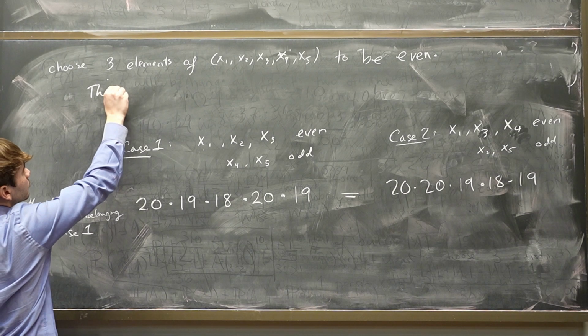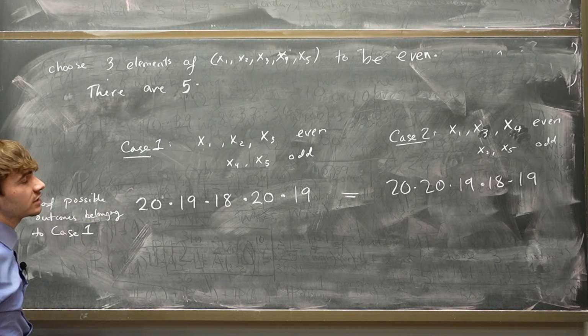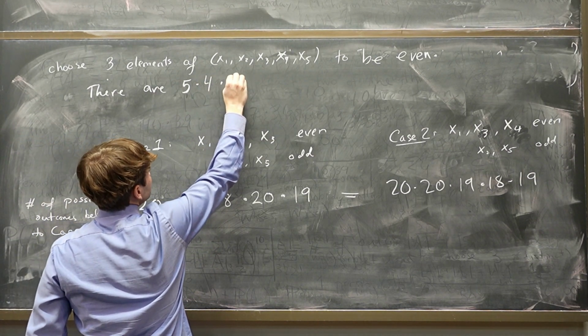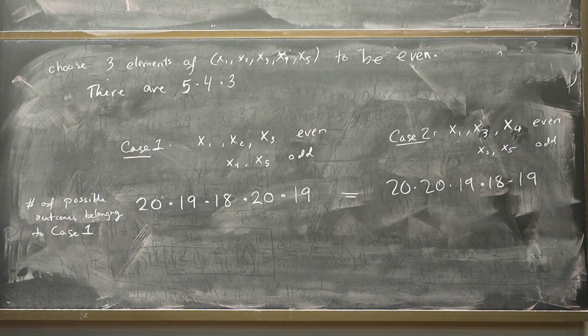So 5, and then for the next choice of element, I have 4 choices. And then for the final choice of element, I have 3 choices. This is the number of ways to choose 3 elements of this set. And the order of my choice doesn't matter, okay?